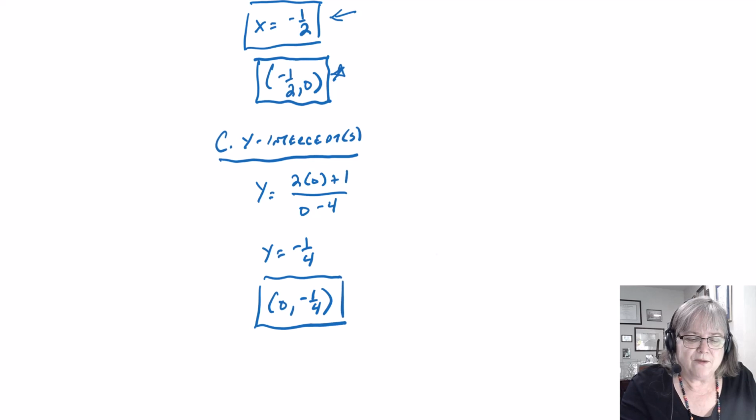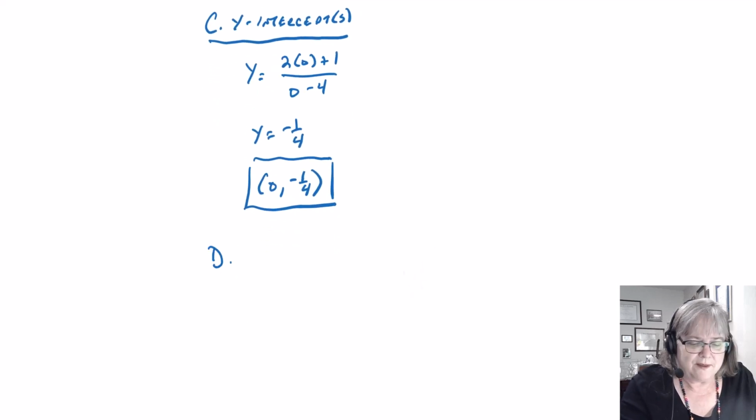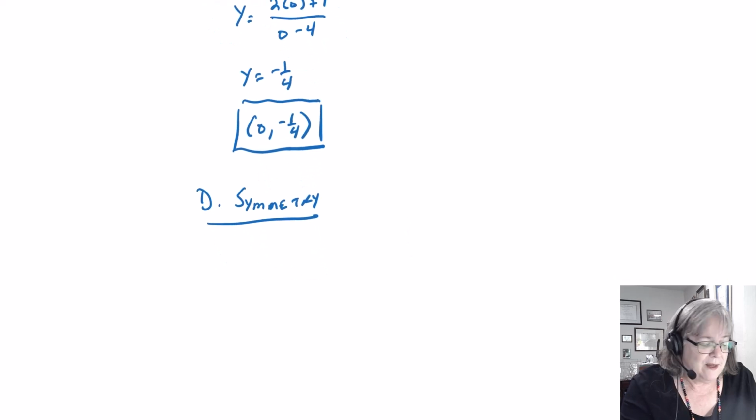All right, so for y-intercept, you make x 0, get an ordered pair. Let's talk about symmetry, just in case they ask. So for symmetry, you would replace x with a negative x and see what you get.